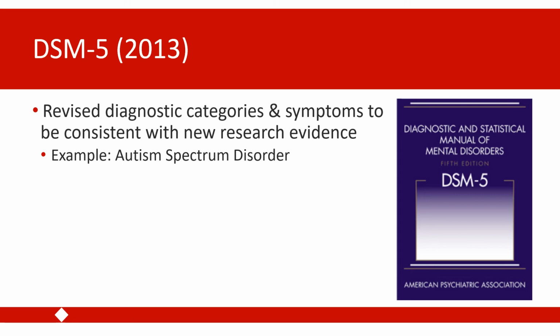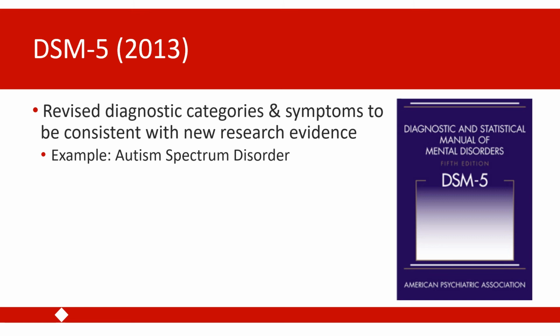So if you have read the example article for the research report assignment, you'll have seen information about one of these changes, and that was the shift from autistic disorder and Asperger's disorder in DSM-IV to what is now defined as autism spectrum disorder in the DSM-V.